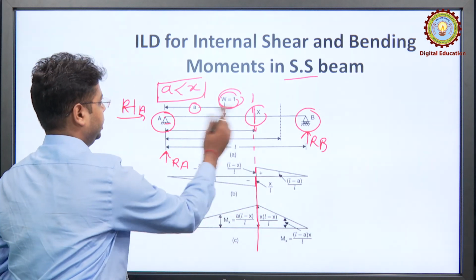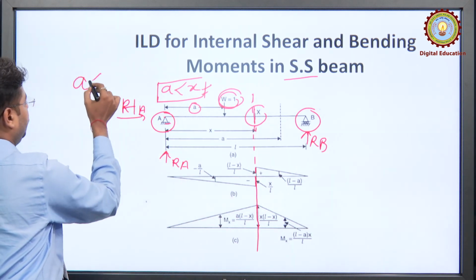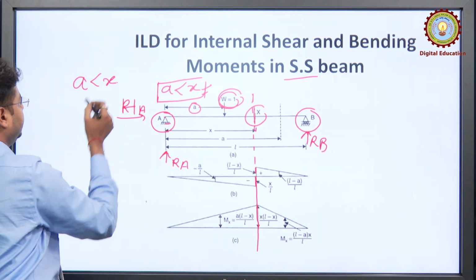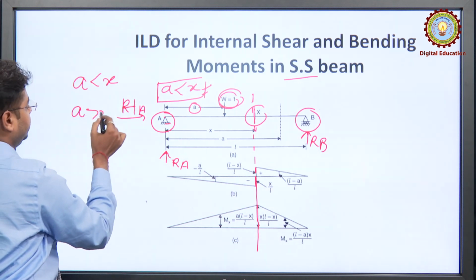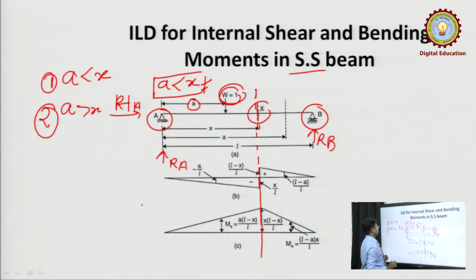There are two conditions: a is less than x and a is greater than x. When a is less than x, that means the load is in between A and the section x. When a is greater than x, that means your unit load is here.